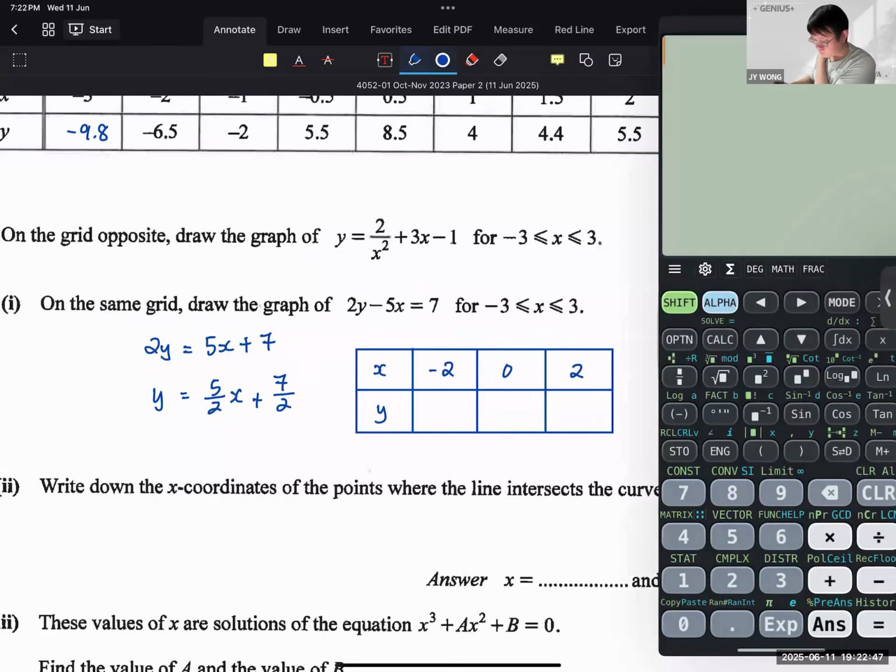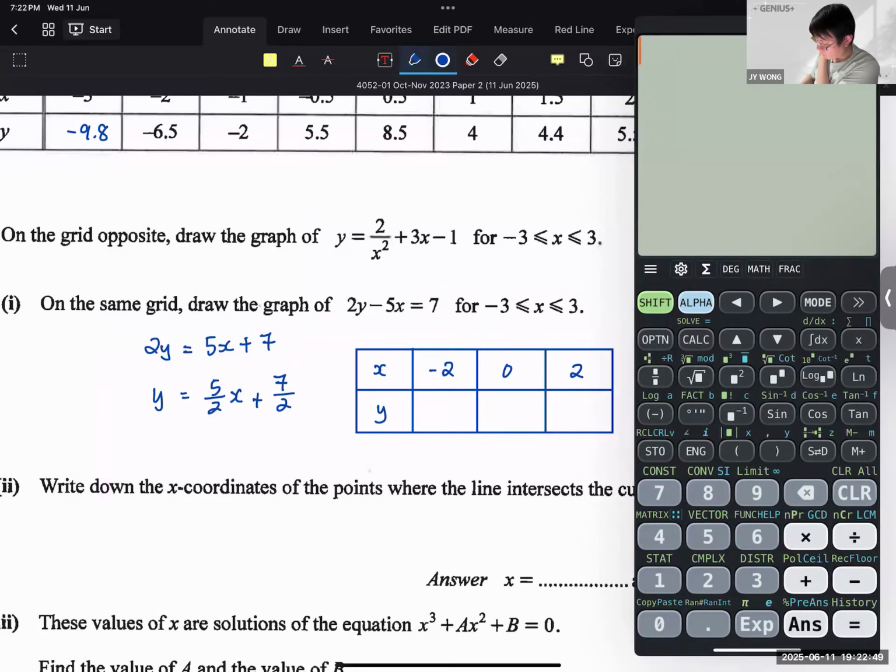Okay, regardless. So 5 out of 2 times -2 plus 7 out of 2 will give me -1.5. Yeah, so actually -2 doesn't give me a nicer number. -3 gives me a nicer number in this case.